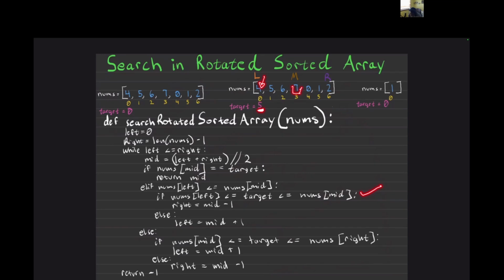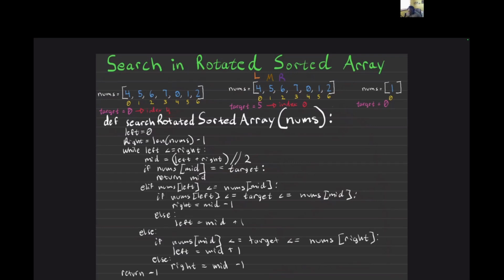So now we say right is equal to mid minus 1. We get back inside this while loop, the mid gets recalculated, so mid is here now, and we notice that ends up being our answer. So let me write this in: this happened at index 4, and this happens at index 0. So we'll be returning that index.